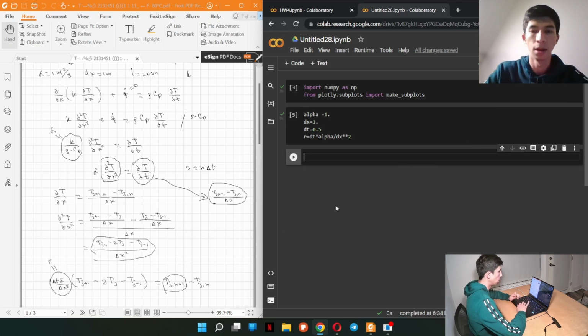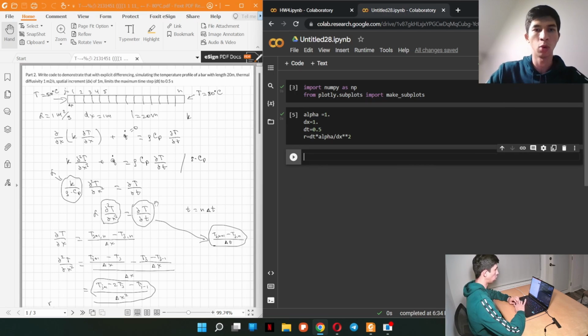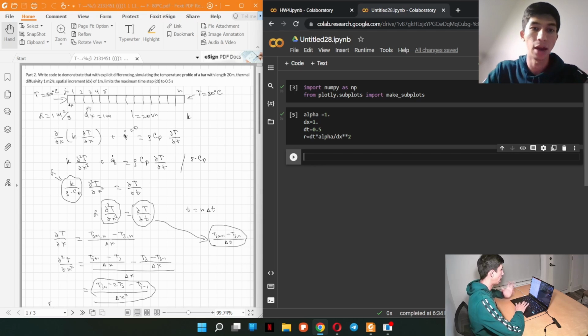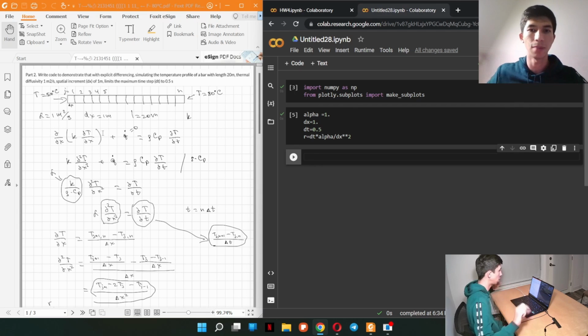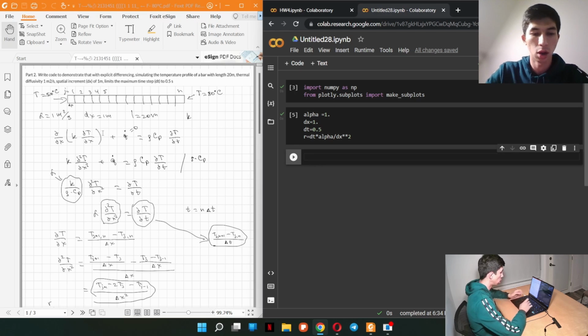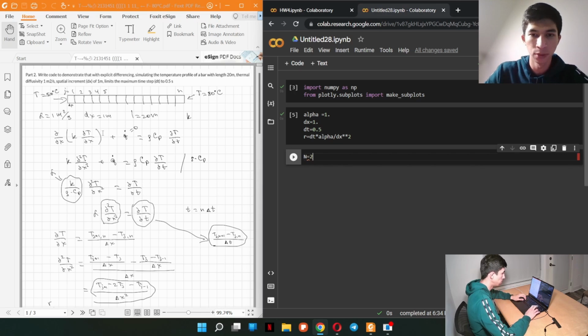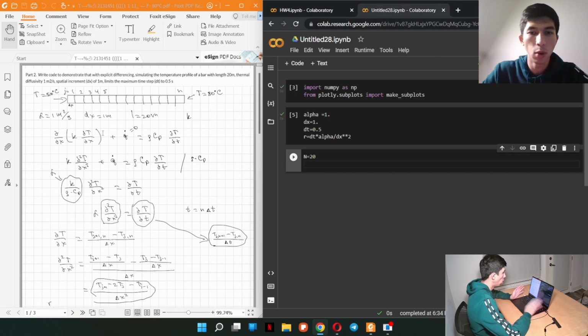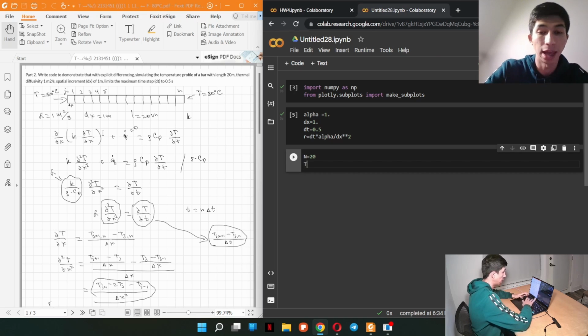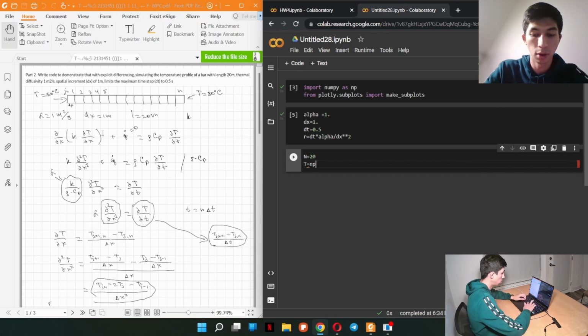Okay, so we're going to use an array to show the temperatures at each dx for our bar. Let's say we are dividing it into 20 pieces, right? So that our n is going to be 20. And what we're doing next is creating an array for the temperature. We're going to use np.full for that.